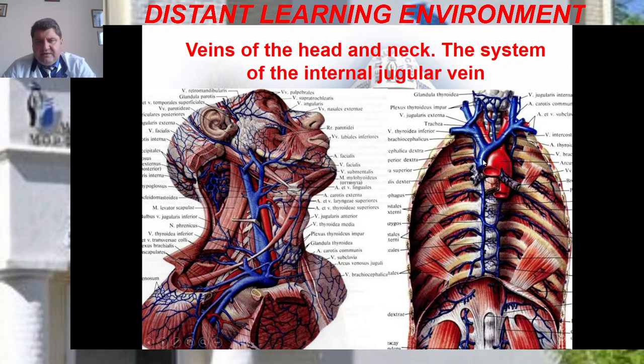But in detail we'll talk about the superior vena cava, because this vein collects the blood from the head and neck, and also from superior thoracic regions, and also from the superior extremity, or hand.